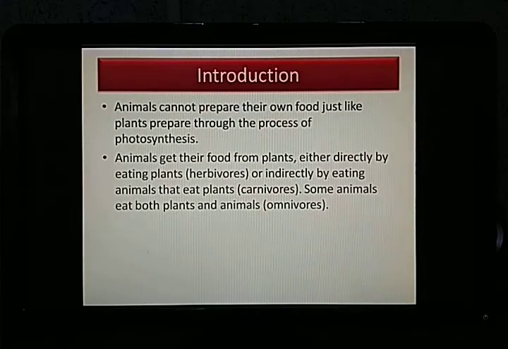Now next, animals get their food from the plants either directly by eating plants or indirectly by eating animals that eat plants. Some animals eat both plants and animals. Now here are some terms that are being used: herbivores, carnivores and omnivores. Let me explain.